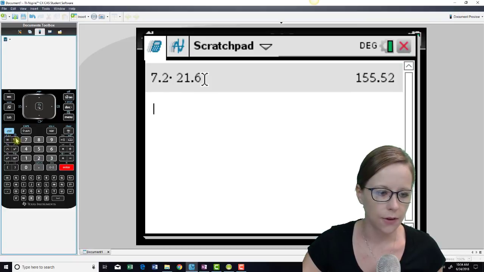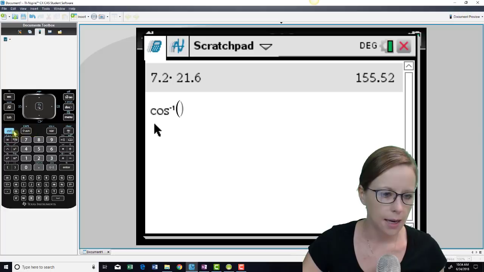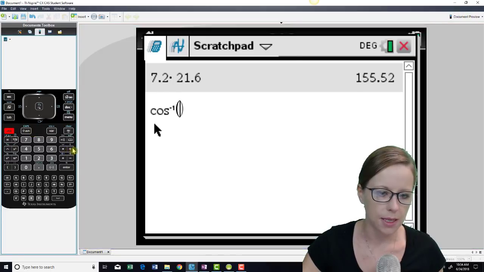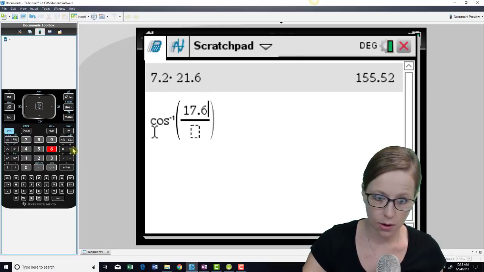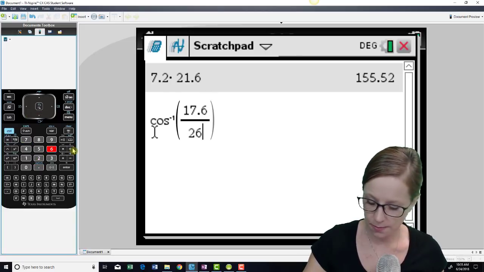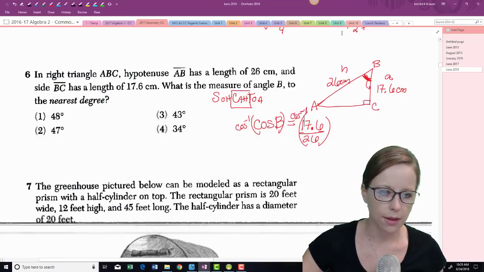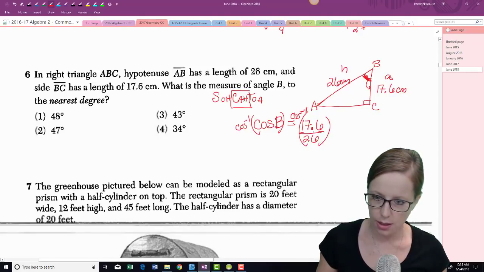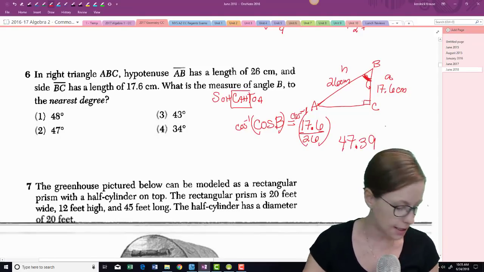So cosine inverse is right about here, and I'm going to get a fraction, make my life a little bit easier. 17.6 over 26 is 47.39. So 47.39, does that round up to 48, or does that stay at 47?